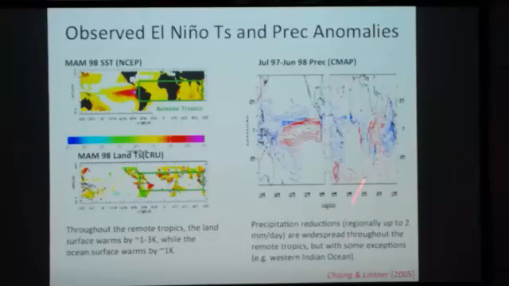For example, the Western Indian Ocean had, over this time period centered on the El Nino event, actually above normal rainfall. But over South America, maybe equatorial Africa, and the eastern part of the Indian Ocean into the far western Pacific, you actually had below normal rainfall.